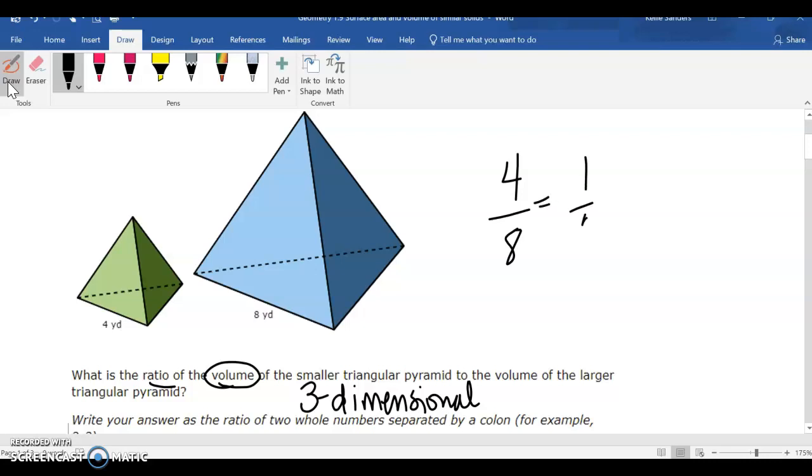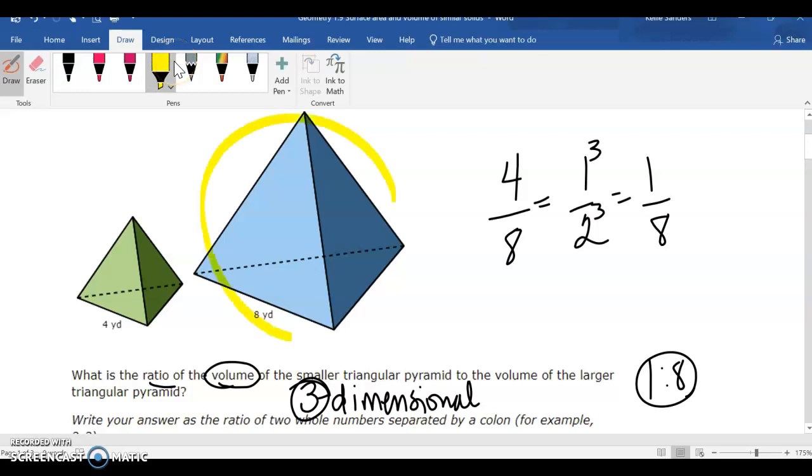First, I'm going to reduce it, and then I am going to cube it. 1 times 1 times 1 is 1, 2 times 2 times 2 is 8. So this would be a 1 to 8 ratio of their volumes, which means this pyramid will be able to hold 8 times more than that pyramid.